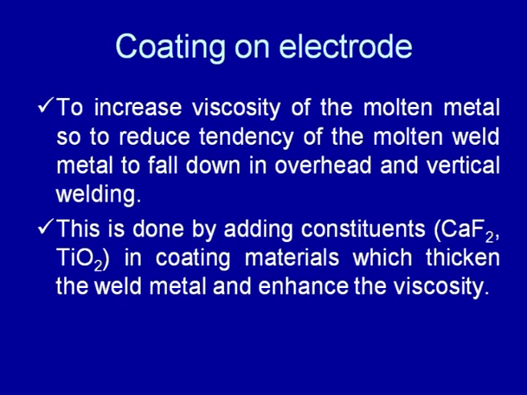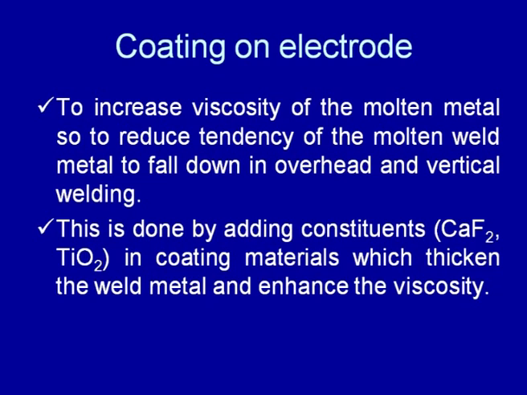This is done by adding constituents like calcium fluoride or titanium oxide, commonly called rutile. If these materials are added in the coating materials, they will produce thick weld metal, which in turn helps to increase the viscosity.